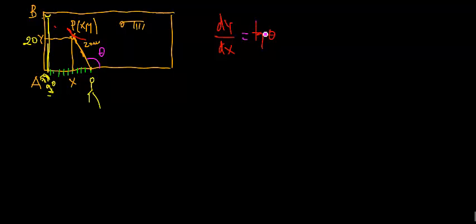But how can I get this? Also, as you can see, the slope is negative, because the line is like this. If it was like this, the slope would be positive. So maybe better to take this angle, let us say alpha, and take the tangent of alpha.